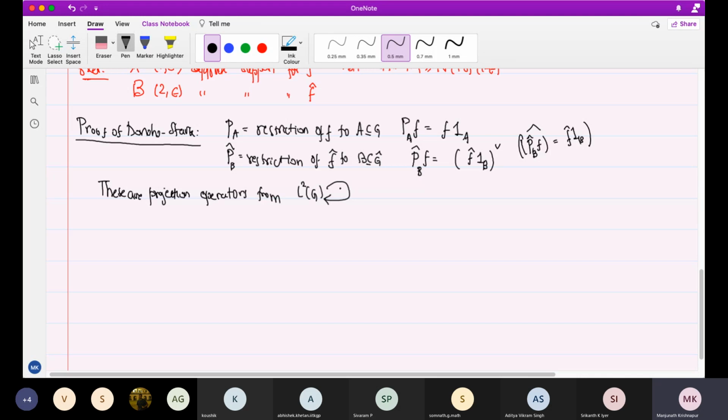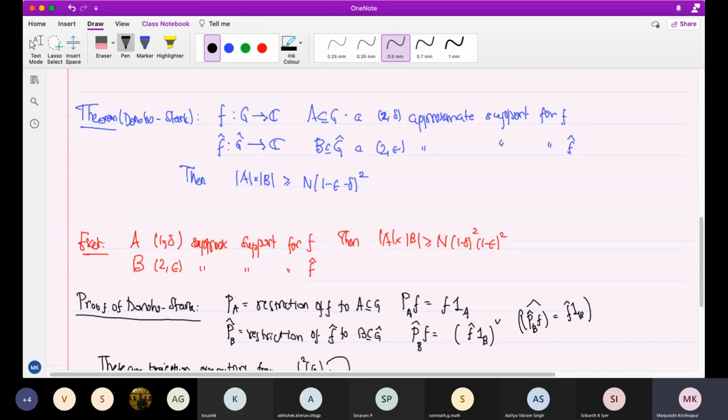So why did I introduce them? If you see the condition of approximate support, what did we say?